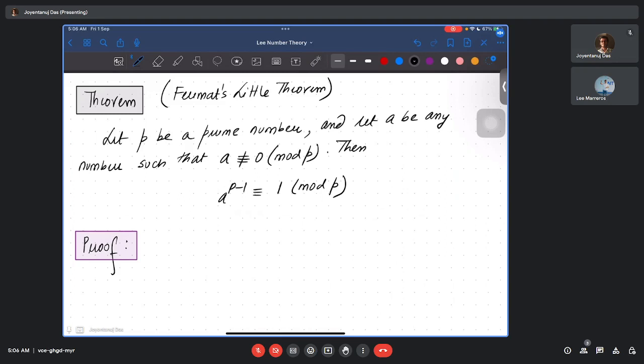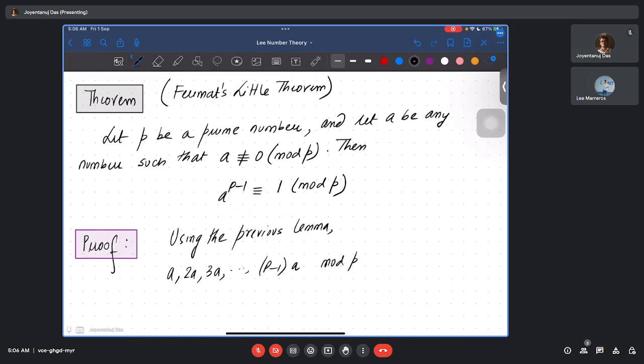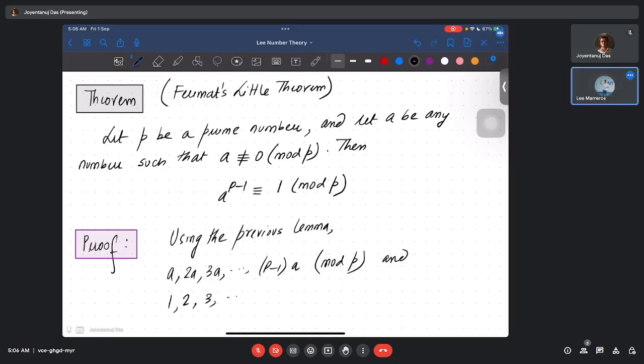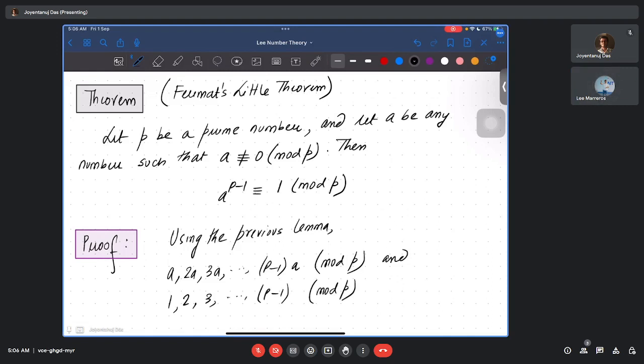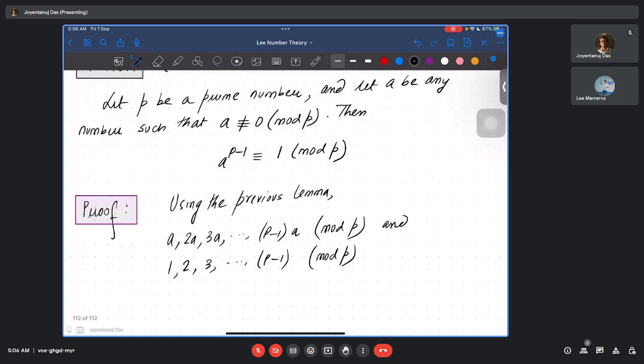Using the lemma, the list of numbers a, 2a, up to (p minus 1)a modulo p, and 1, 2, 3, up to p minus 1 modulo p, are the same as a list of numbers.